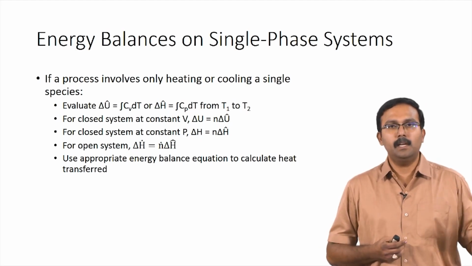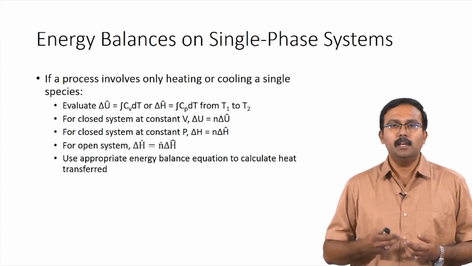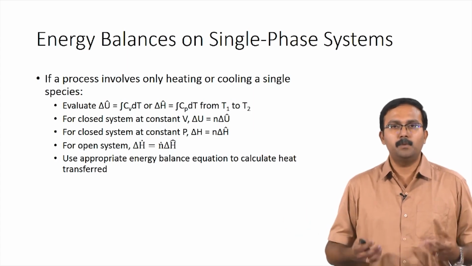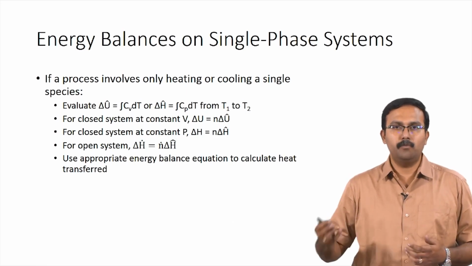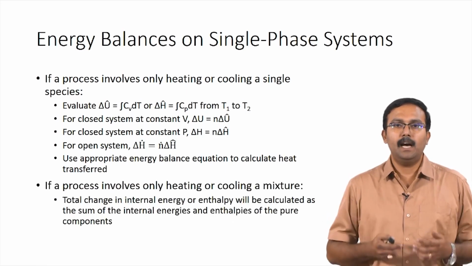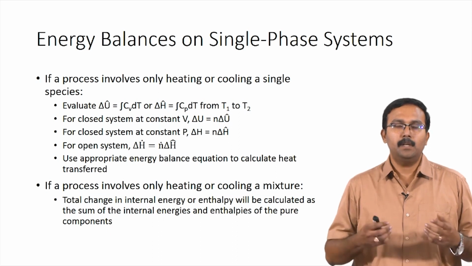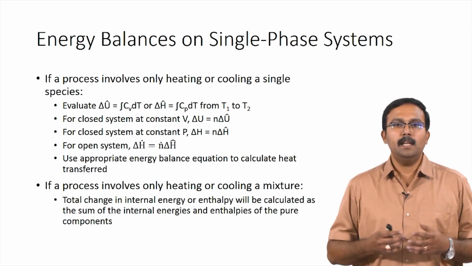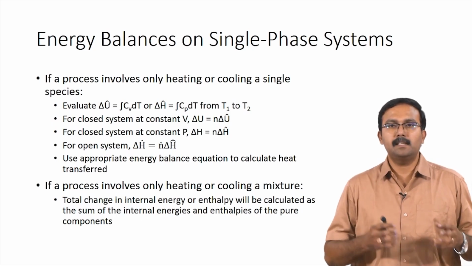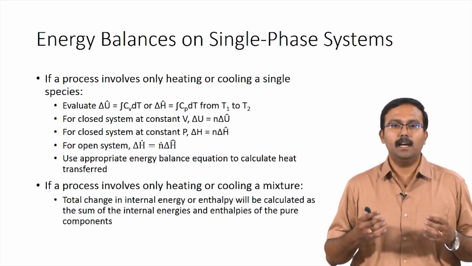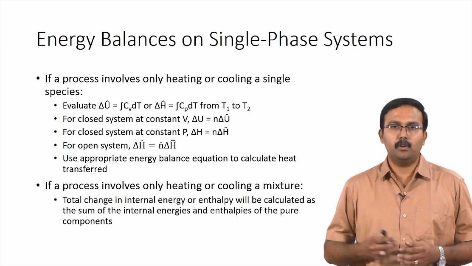Obviously, calculating kinetic energy and potential energy would be done based on the formulas which we already know, and shaft work would have to be accounted for if there are moving parts. If we have more than one component which is being heated or cooled, then the total change in internal energy or enthalpy will have to be calculated as the sum of the internal energies or the enthalpies of the pure components.